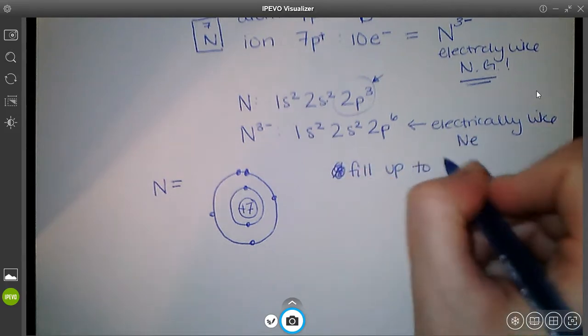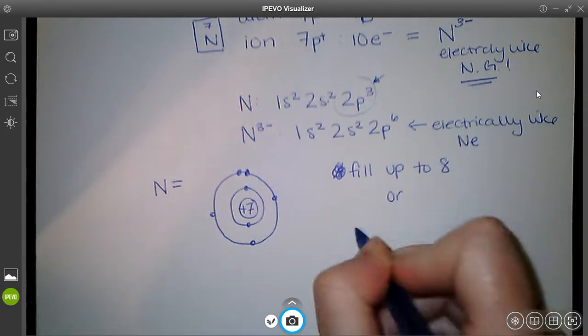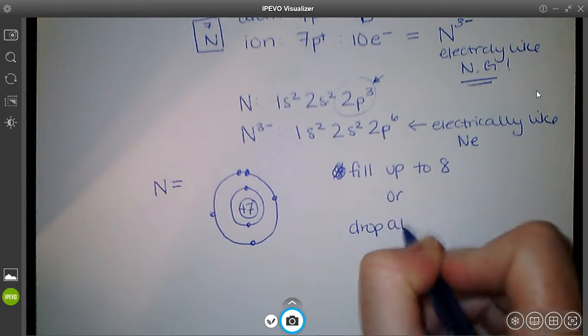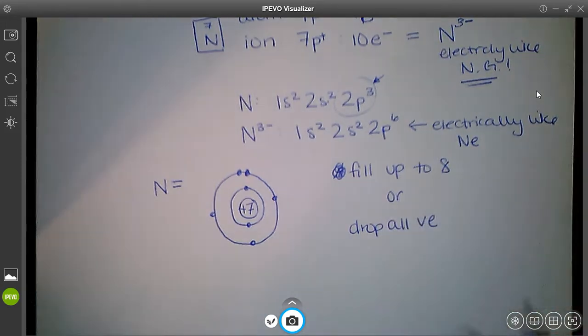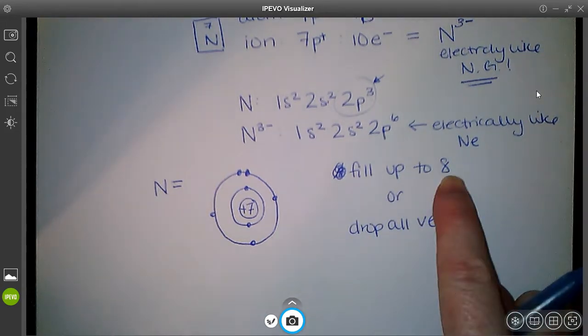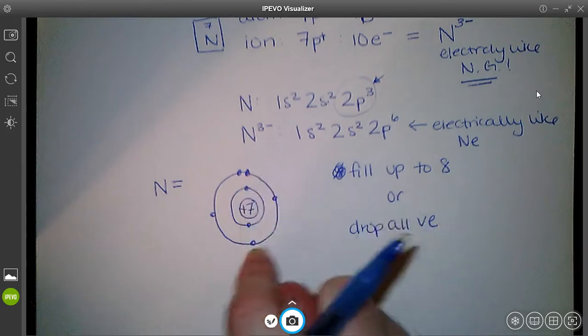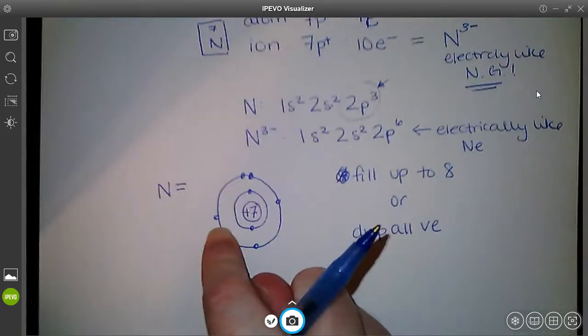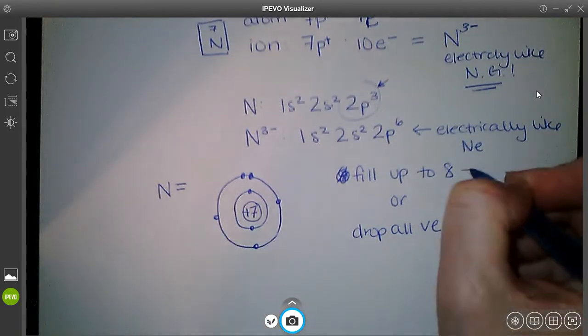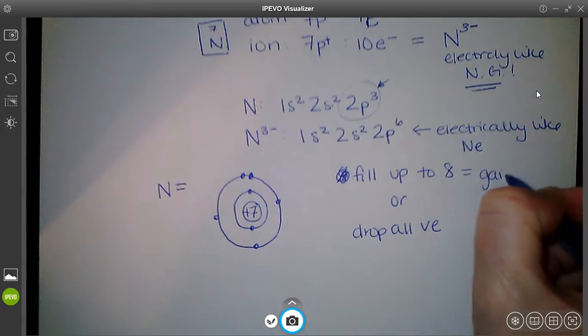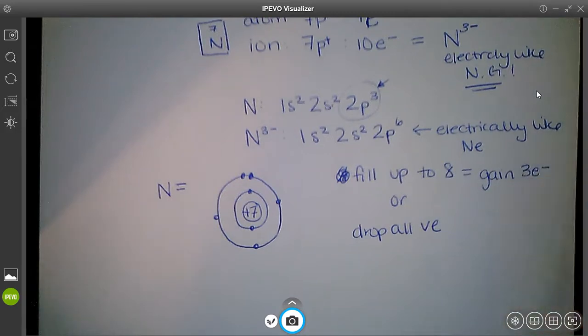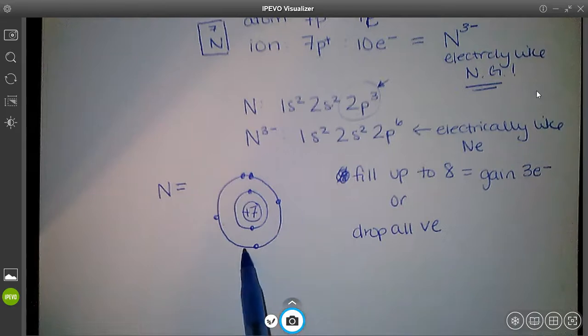Fill up to 8, or drop all valence electrons. If we were to fill up to 8 on the outer energy level, so right now we have 5 in the outer energy level, to get up to 8, this would require gaining 3 electrons. Okay, because if I have 5, I would need to add 1, 2, 3 to be up to 8.